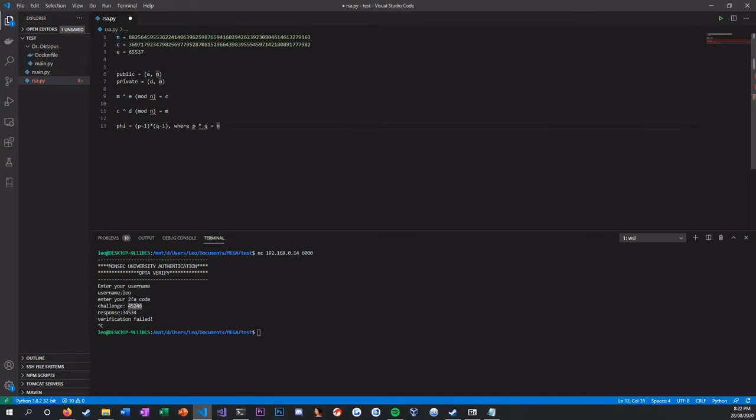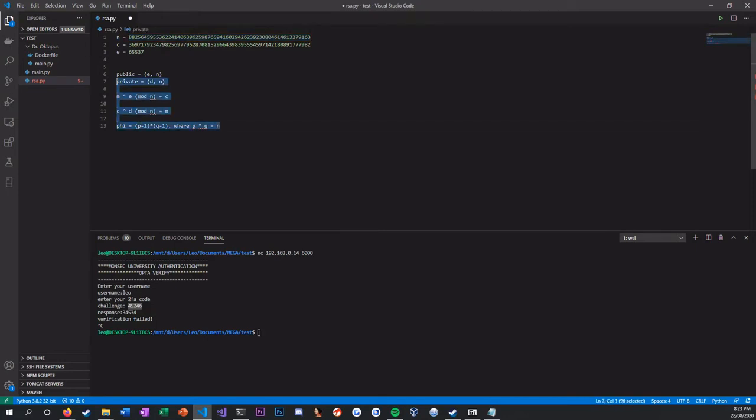Now, the reason that RSA is so secure is that finding the prime factors of a large number, being N, is often very difficult to do. And so they don't actually give you the values of P and Q, and they expect you to find them in this challenge.